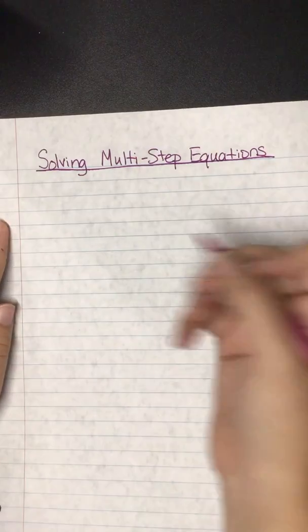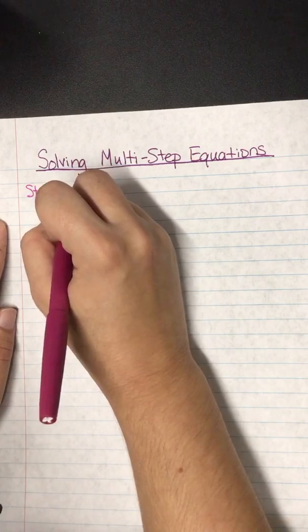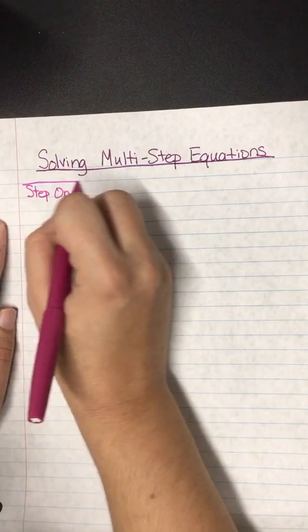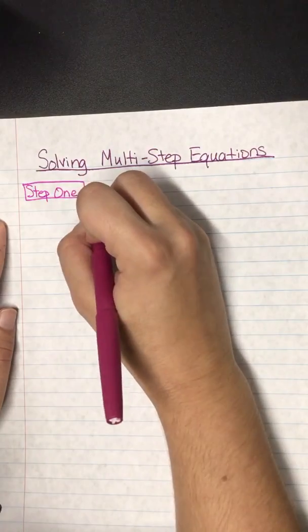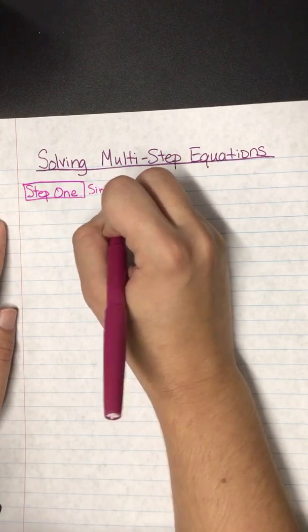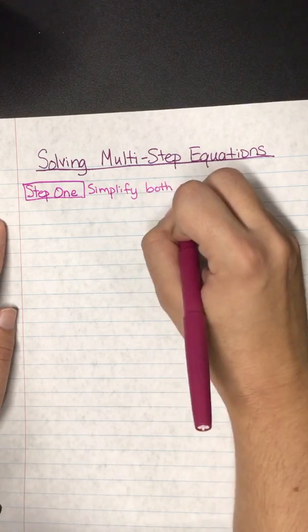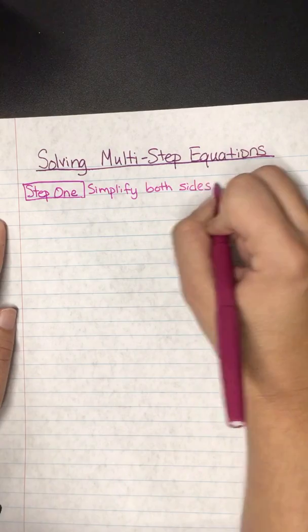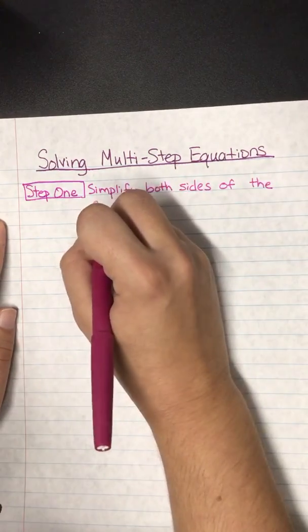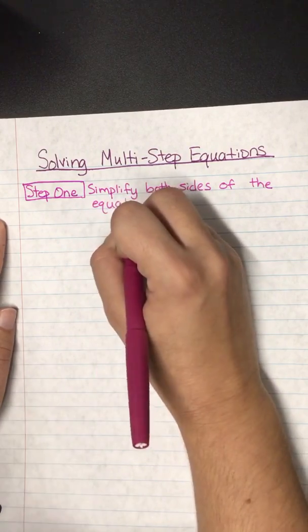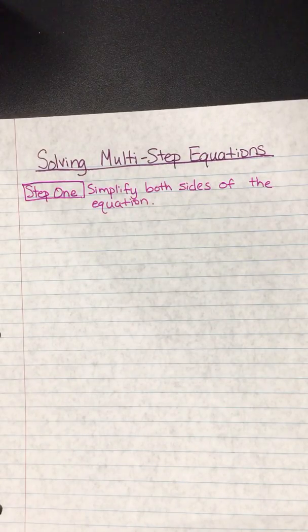Step 1 is to simplify both sides of the equation. Simplify both sides of the equation.